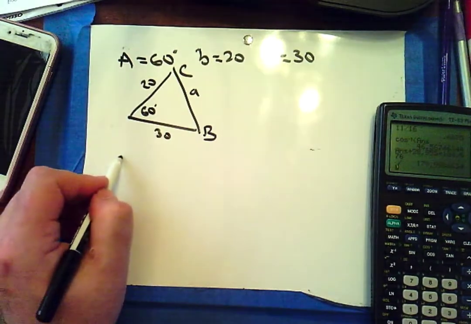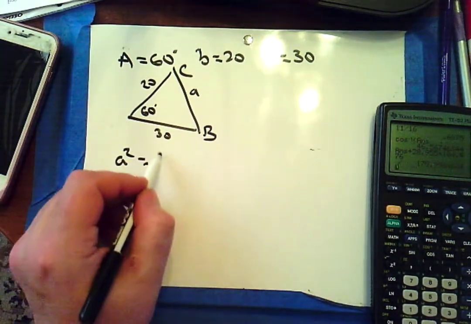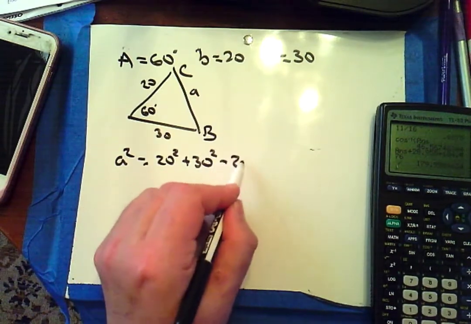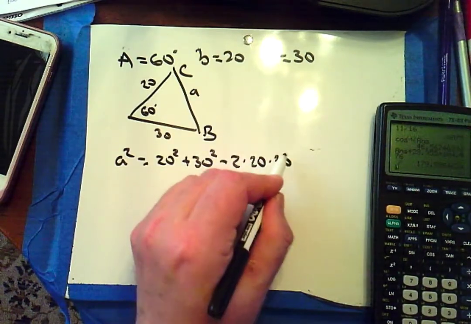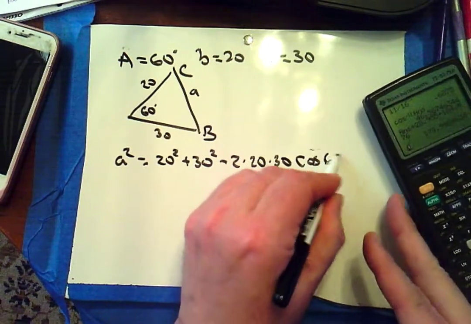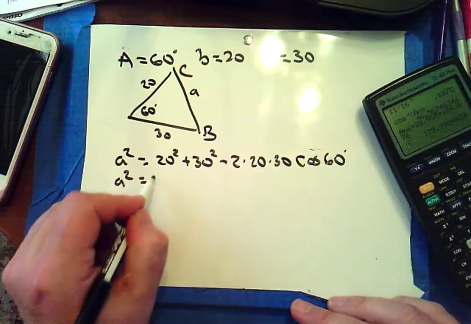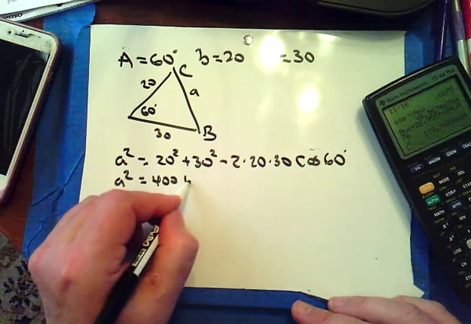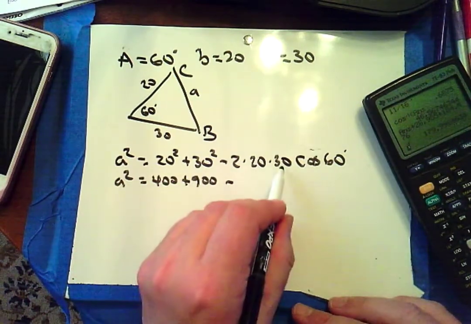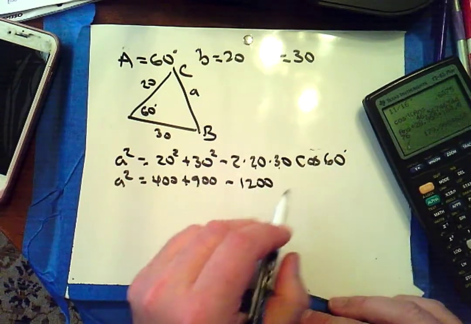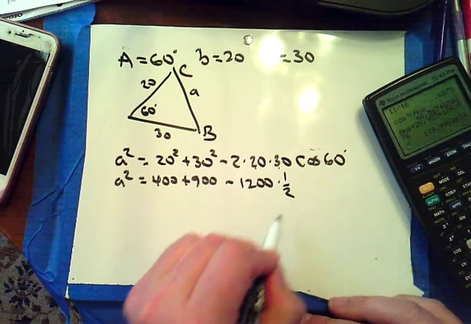So we know that A squared equals 20 squared plus 30 squared minus 2 times 20 times 30 cosine of 60. So I get A squared is 400 plus 900 minus 600 times 2 is 1200, and the cosine of 60 is 1/2.